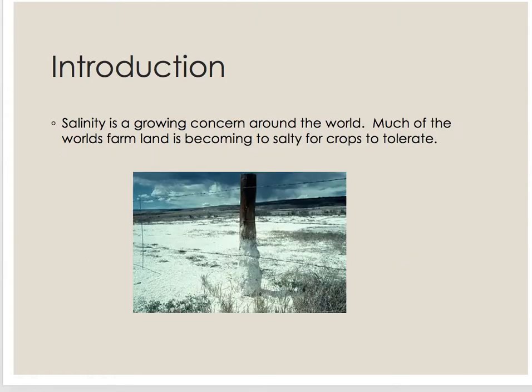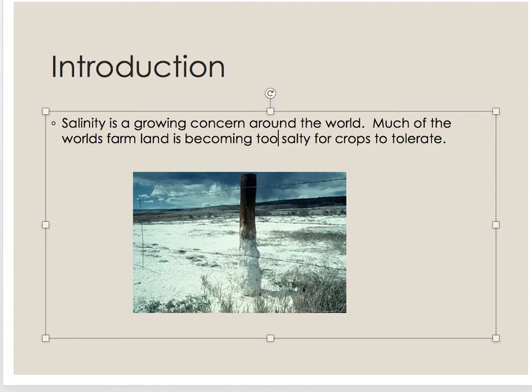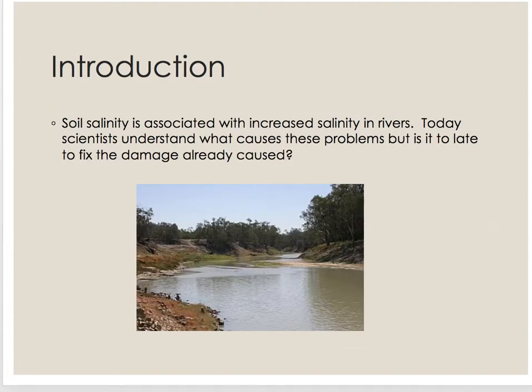It is a growing concern around the world. Much of the world's farmland is becoming too salty for crops to tolerate. Soil salinity is associated with increased salinity in rivers. Today, scientists understand what causes these problems, but is it too late to fix the damage already caused?